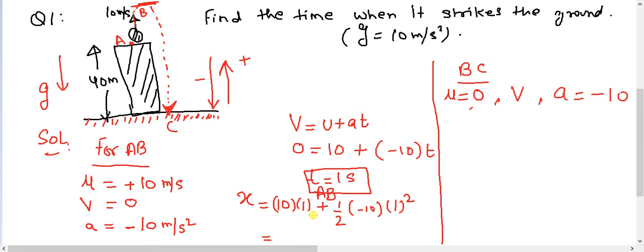This much will be 10, then it will be 2 into this will be minus 5. 10 minus 5 will be 5 meters. Means this distance is your 5 meters from here to here.